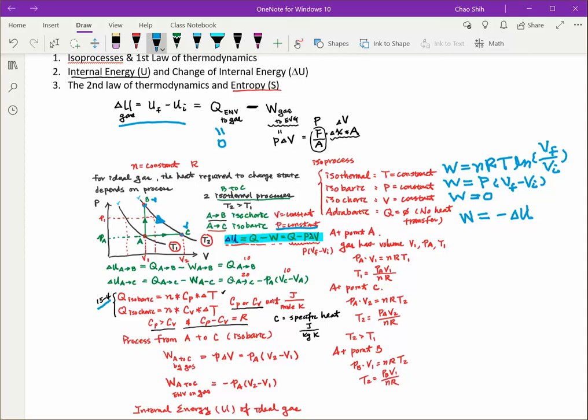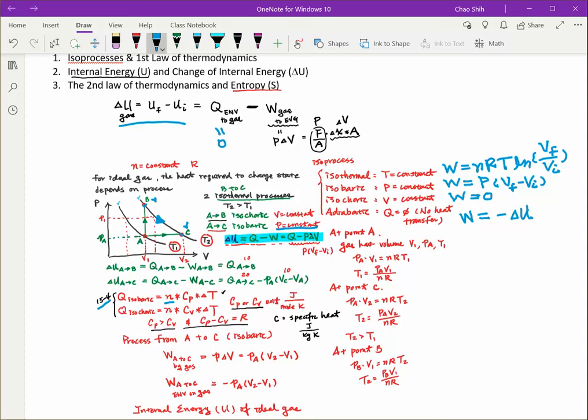The equation is very similar to the one we used in calorimetry. When we calculated calorimetry, we calculated the Q due to the change of temperature. This is also due to the change of temperature, and it has a similar form, but it's not using the mass, M, times the specific heat, c, times the change of temperature. It uses n here, which represents the number of moles.